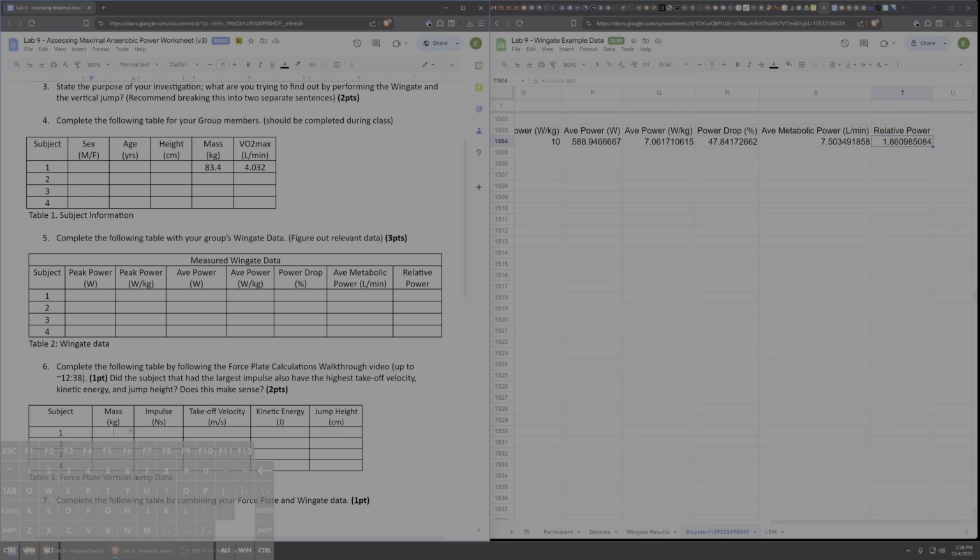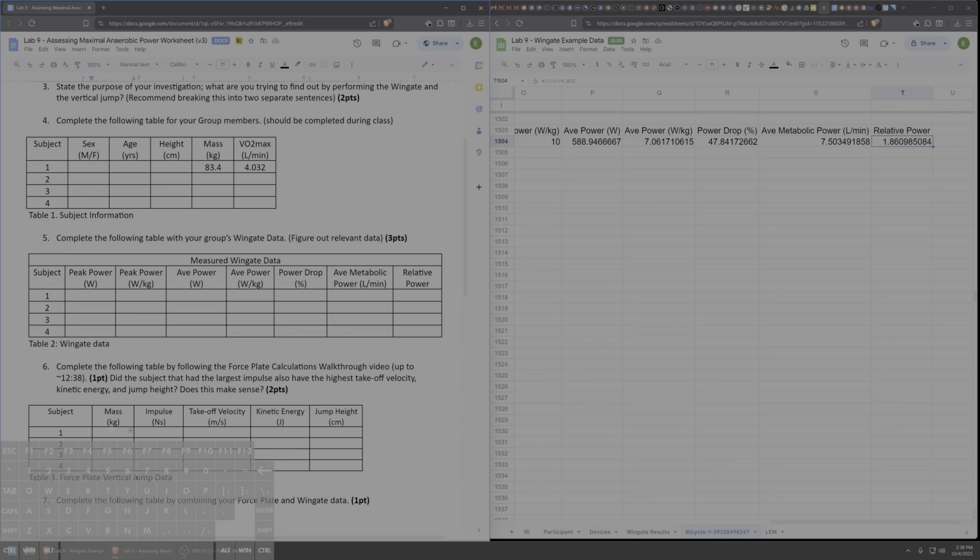I've seen some numbers where people were off by about 50 newtons, which doesn't sound like much, but with 50 newtons, it looked like they were jumping 10 feet into the air. And it's like, okay, well, obviously they were not jumping 10 feet into the air. So it does matter. We need what was actually measured by the force plate.